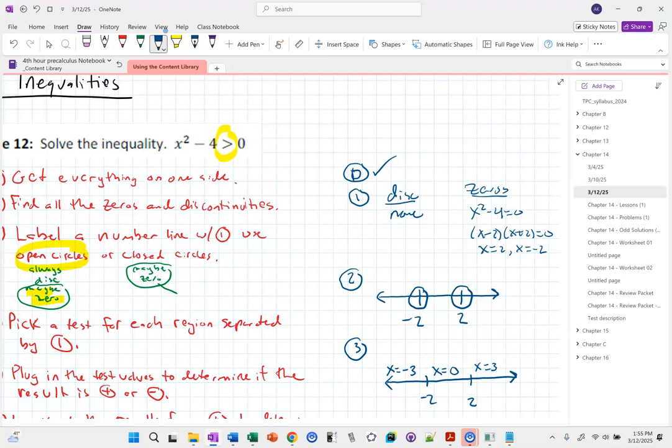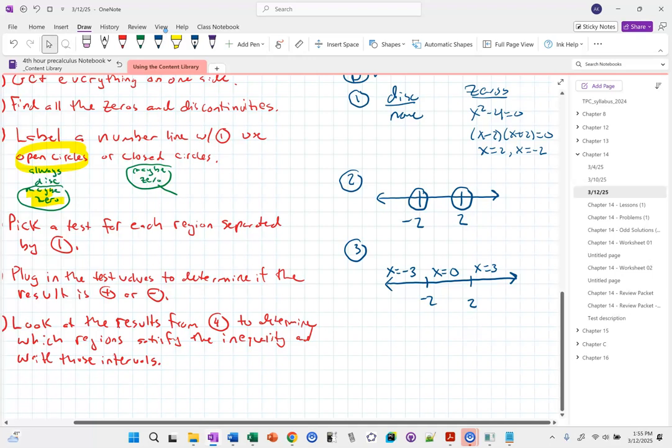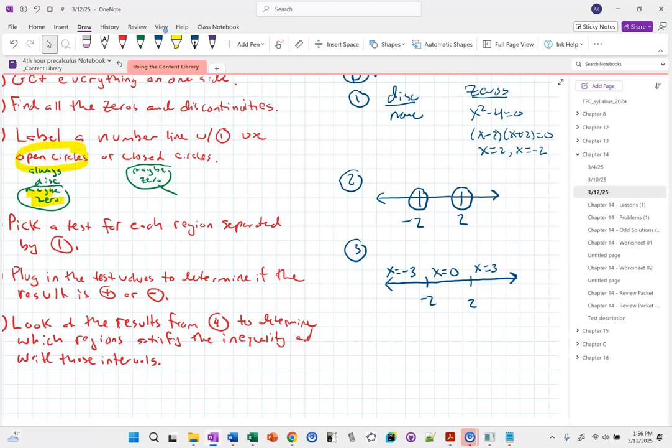Does it matter which test value I pick? No, it just needs to be in that region somewhere in between the values. Pick numbers that are easy to work with. You have the choice, but don't pick something kooky. I could pick 17/31, but that's a terrible choice. Don't do that. Make your life easy, right?